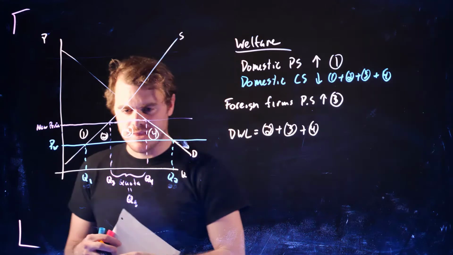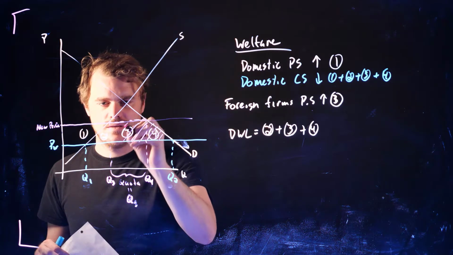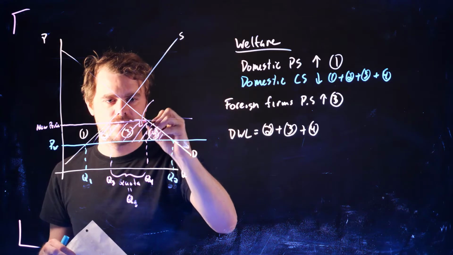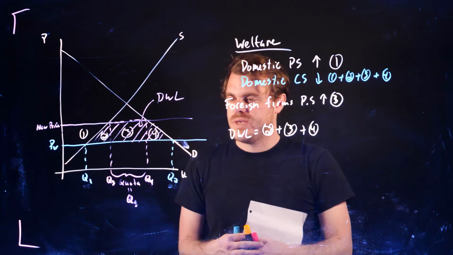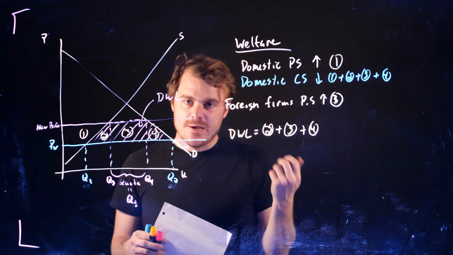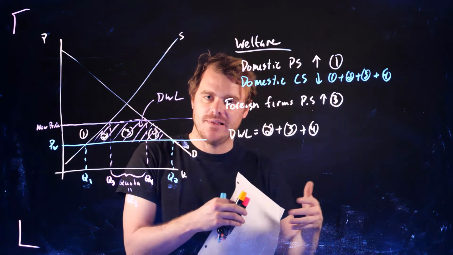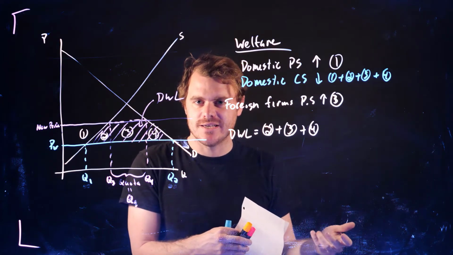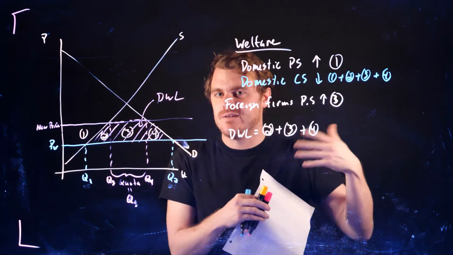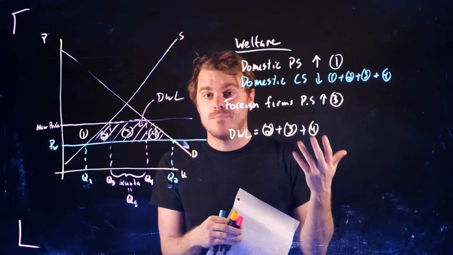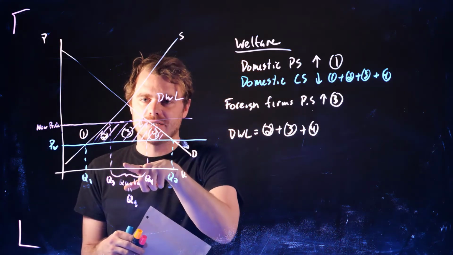So now the deadweight loss is going to be this whole area here. So we can see that having an import tariff is going to cause less of an inefficiency than these import quotas. These import quotas are going to cause a larger deadweight loss.